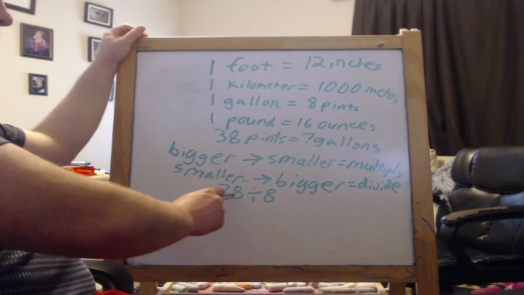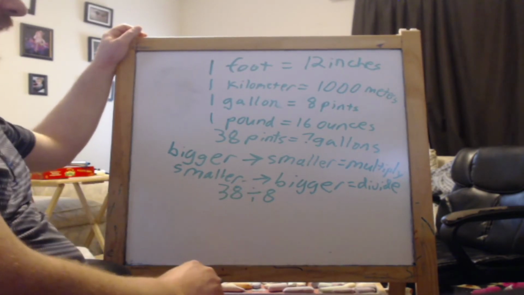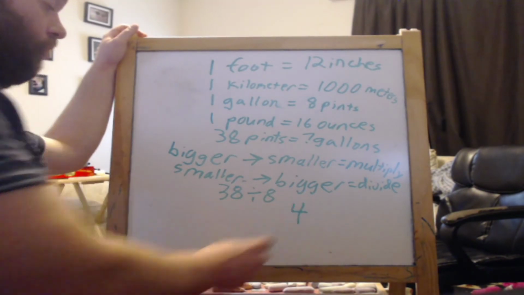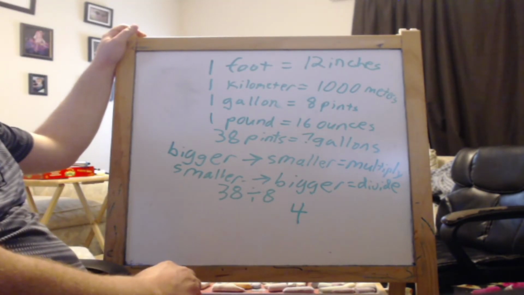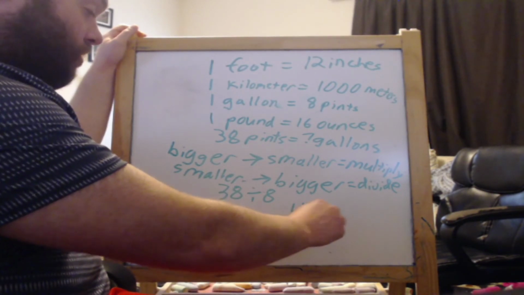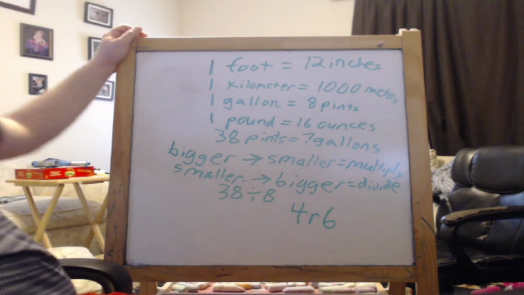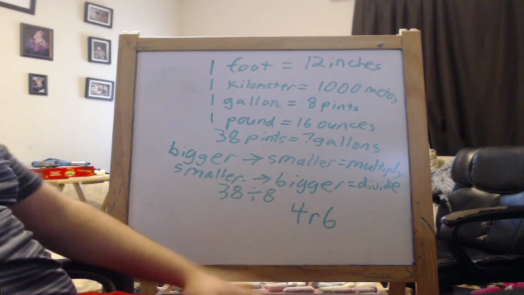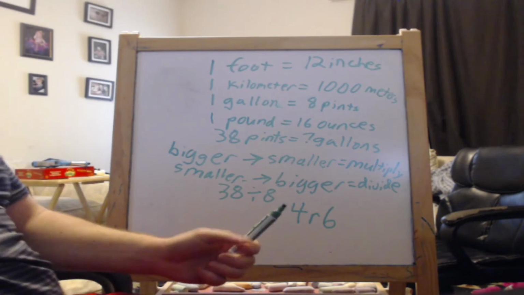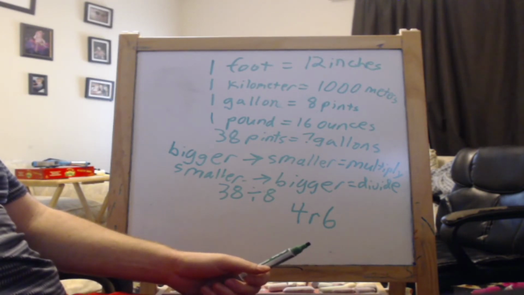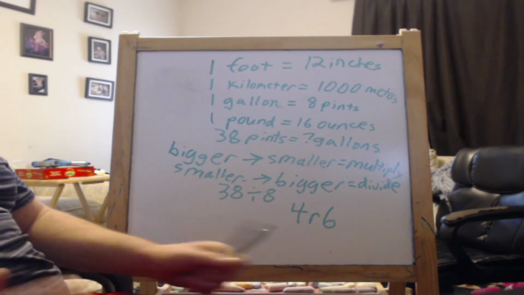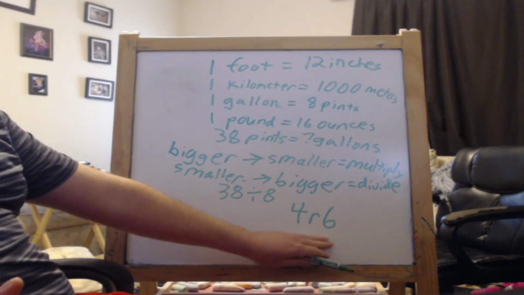I know that 38 divided by 8 equals 4, which 8 times 4 is 32, and then it's remainder 6. So 4 remainder 6. Now, can you have 4 remainder 6 gallons? Can you go to the store and buy remainder 6 gallons? Of course not. So this is not the answer.